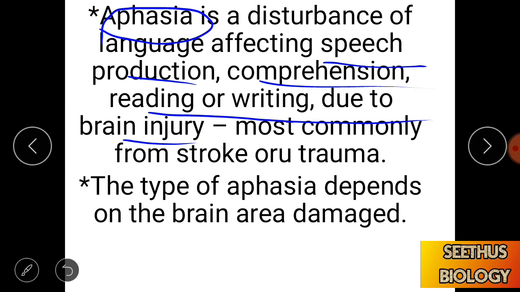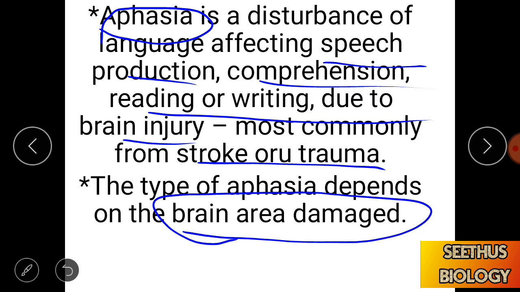Most commonly it is caused by stroke or trauma. The type of aphasia depends on the brain area damaged. When a specific area of the brain gets damaged, then aphasia may occur.